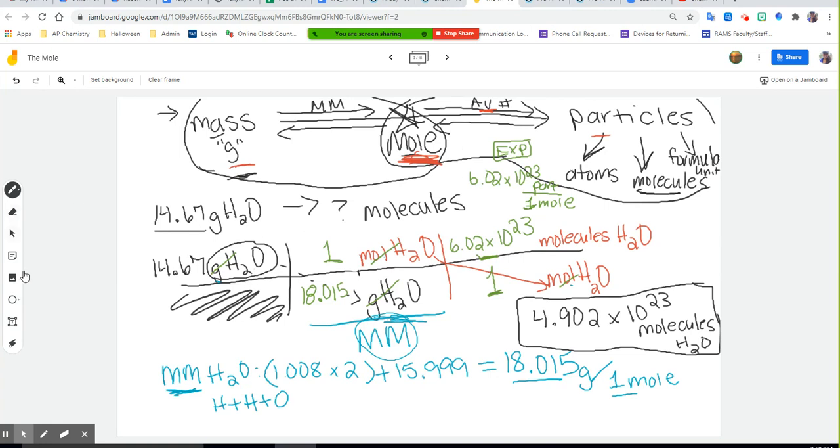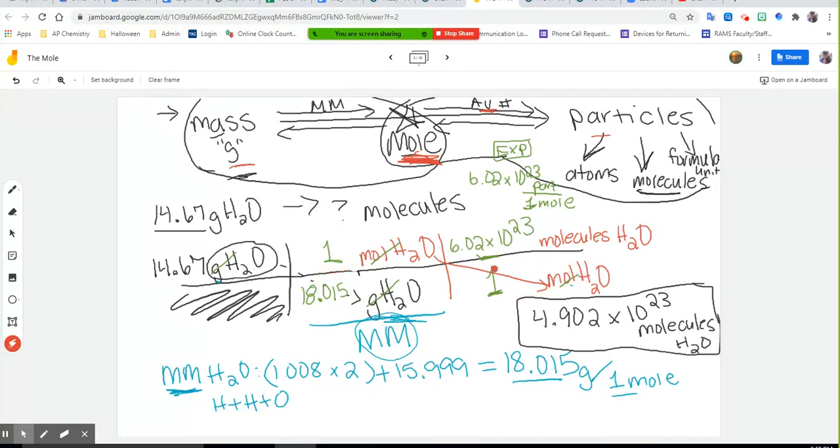But what you see me do down here is I took what was given, right? So this 14.67 grams of water. I brought words down to the right, okay? And then I had my grams down here. So there's my molar mass, right? Molar mass sticks with grams. We put 1 with moles, okay?